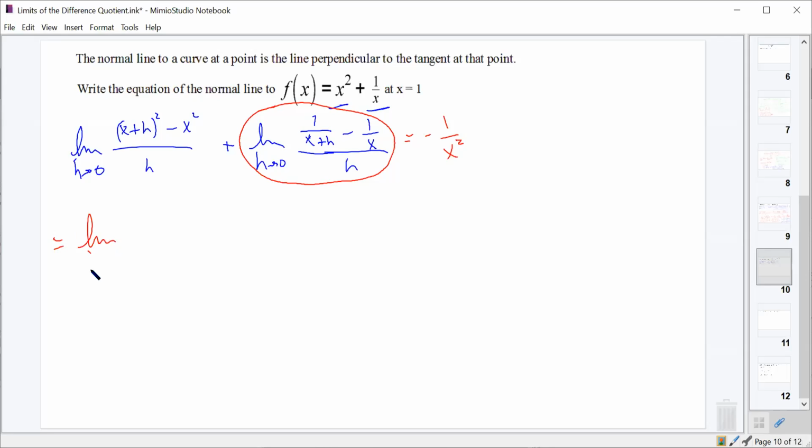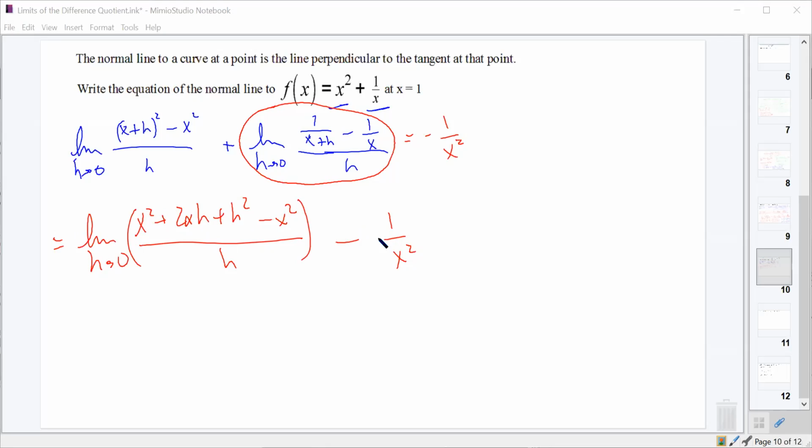So this is the limit as h approaches 0 of x² plus 2xh plus h² minus x² all over h, minus 1/x². So it's the limit of this and then minus the 1/x². And just like all the other ones we've done, all the terms that don't have an h in them cancel out. Divide the other terms by the h.